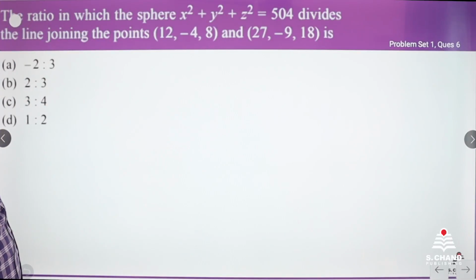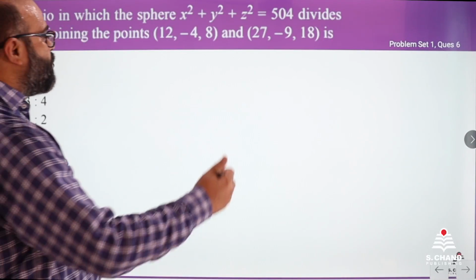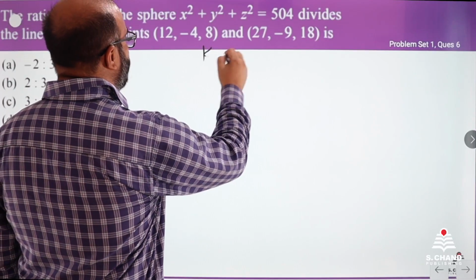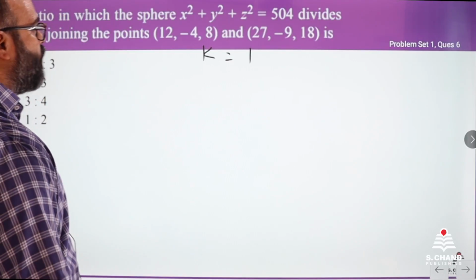Now here there is a question: the ratio in which the sphere x square plus y square plus z square is equal to 504 divides the line joining the points 12, minus 4, 8 and 27, minus 9, 18 is. So let us suppose that ratio is k is to 1. The sphere is dividing it in the ratio k is to 1.